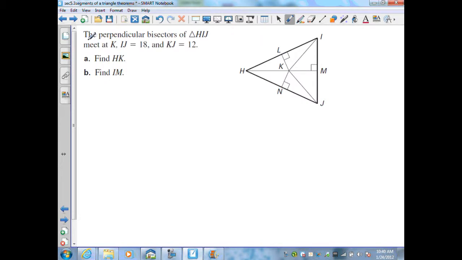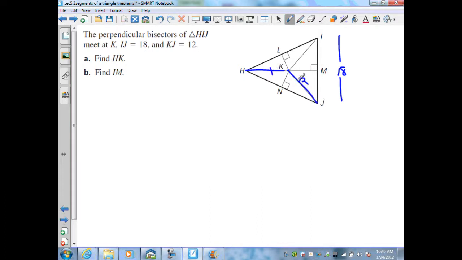In the next example, the perpendicular bisectors of triangle HIJ meet at point K. Point K is the circumcenter of the triangle. It's given that IJ is 18 and that KJ is equal to 12. From Theorem 5.6, I know that the circumcenter is equidistant to all three vertices.